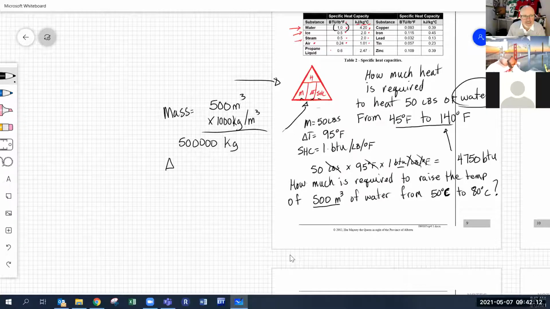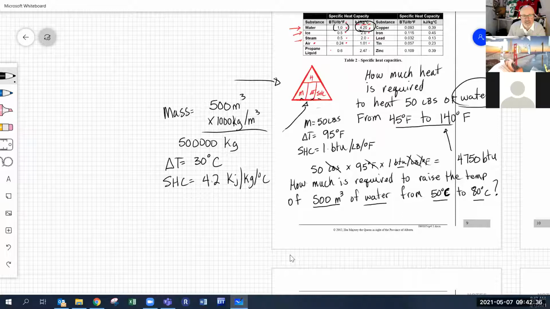So my delta T, I said we're going from 50 to 80. My delta T is 30 degrees Celsius. And the specific heat capacity, we're talking about water, but it's metric. So that's going to be 4.2 kilojoules per kilogram per degree Celsius.